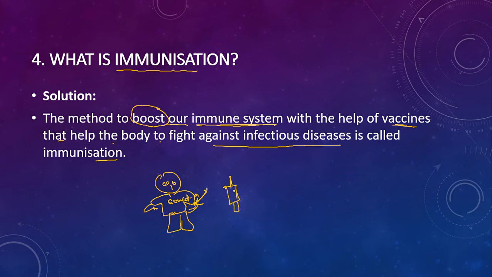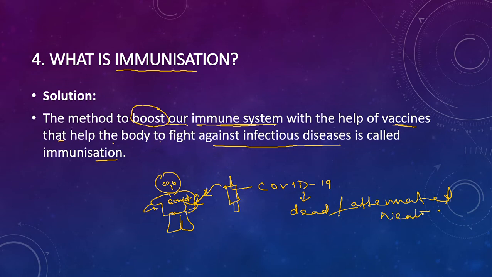The injection will be having COVID 19 in dead or attenuated form. Okay. Now you see the vaccine which we are applying is the virus or bacteria itself, but in a weak form or a dead form. Attenuated means weak. Okay, weak form.